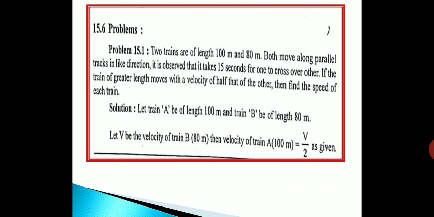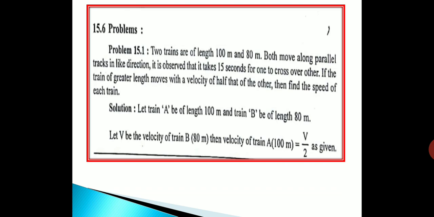So as I said earlier, let the train A be of length 100 meters and let the train B be of length 80 meters. So what does the given data say about velocity? If say V is the velocity of train B, which is the shorter train, then the velocity of train A, which is the longer train, is V by 2, because in the statement of the problem what is mentioned?